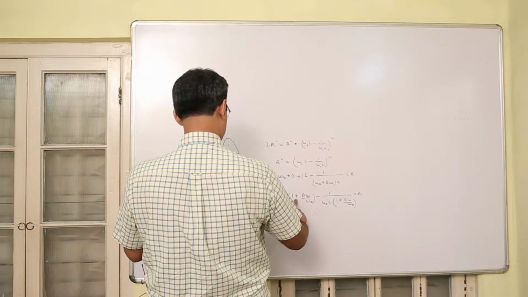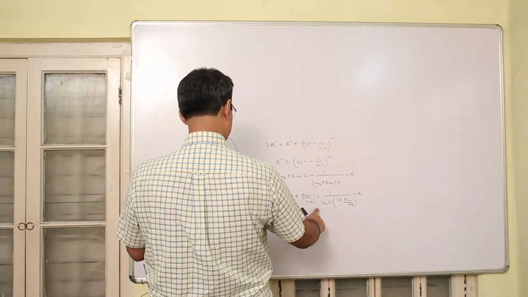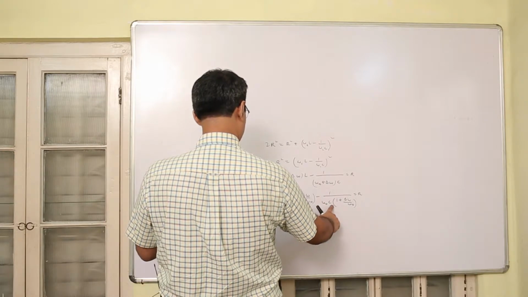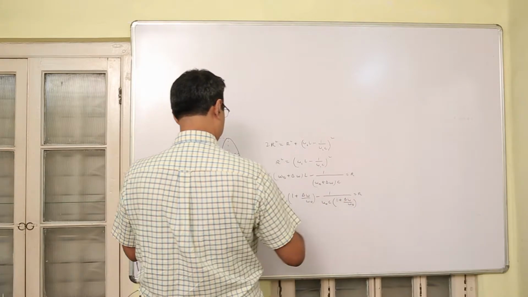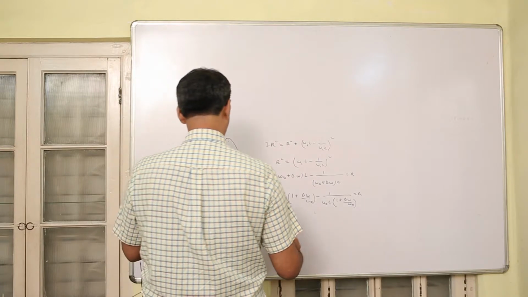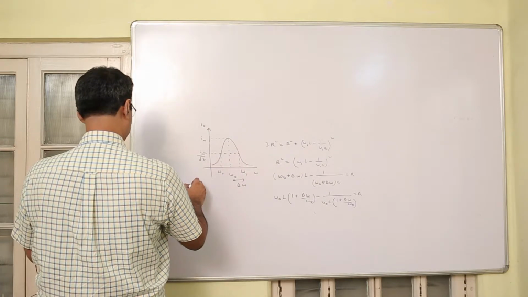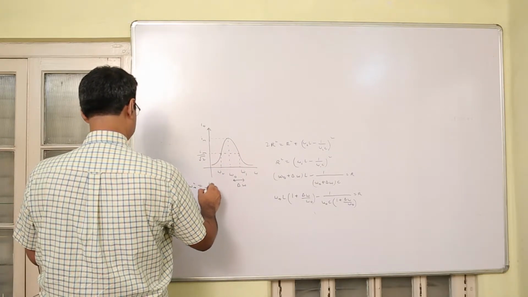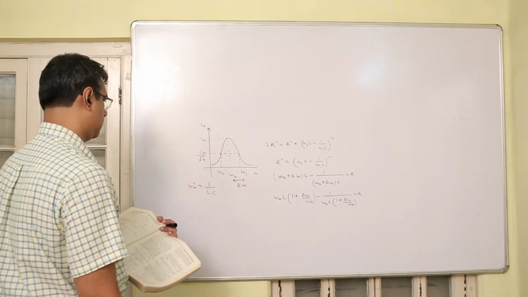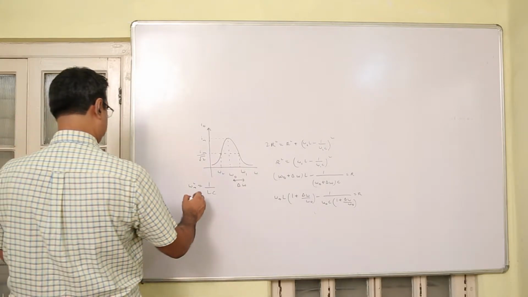So omega 0 L into 1 plus delta omega by omega 0 minus 1 by omega 0 C into 1 plus delta omega by omega 0 equals R. Now you know that the resonating frequency omega 0 square is 1 by LC.